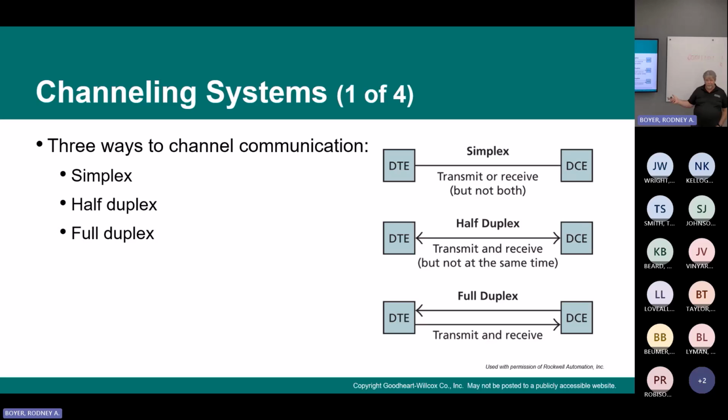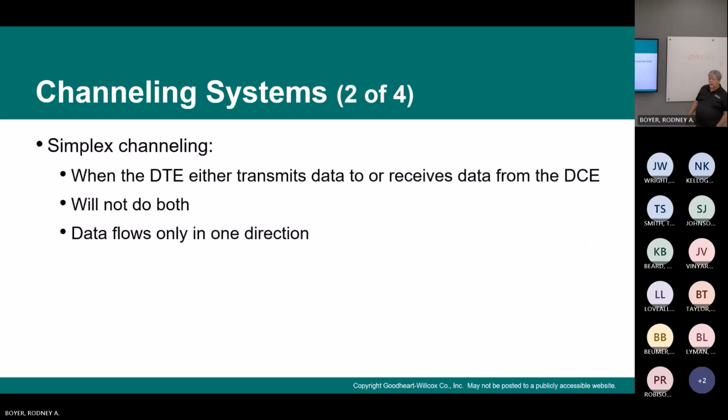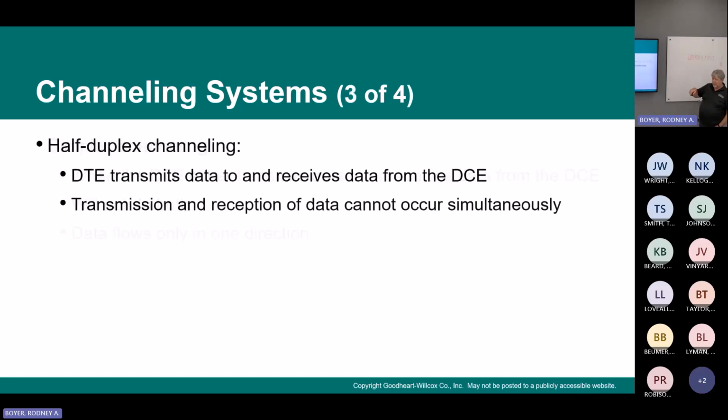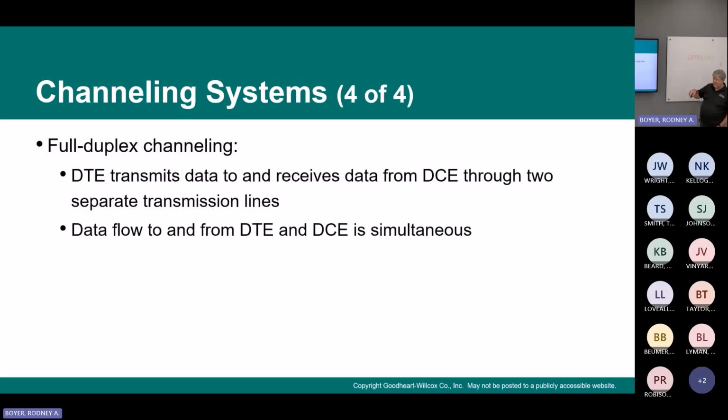CB radio. Simplex, think of your television, you can never transmit from your television. And in full duplex, everybody can talk and listen at the same time, just like on your telephone. That just explains what I just did.